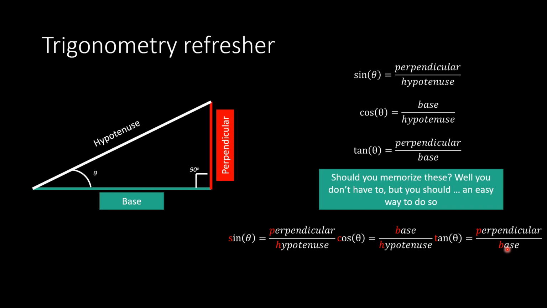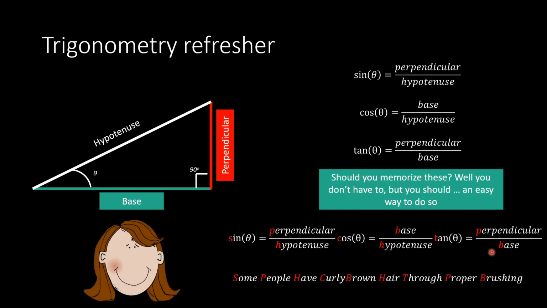Right? And an even easier way that I've memorized it is by going through this little sentence: some people have curly brown hair through proper brushing. The first letter of each word in this sentence corresponds to, well, the first three letters go to sine, the next three letters go to cos or cosine, and the last three letters go to tan.